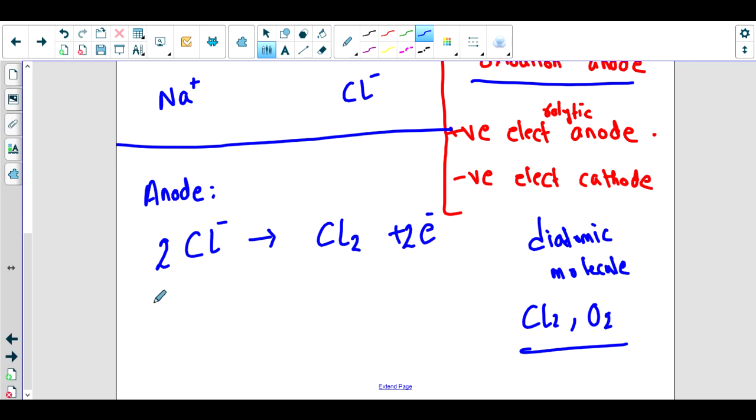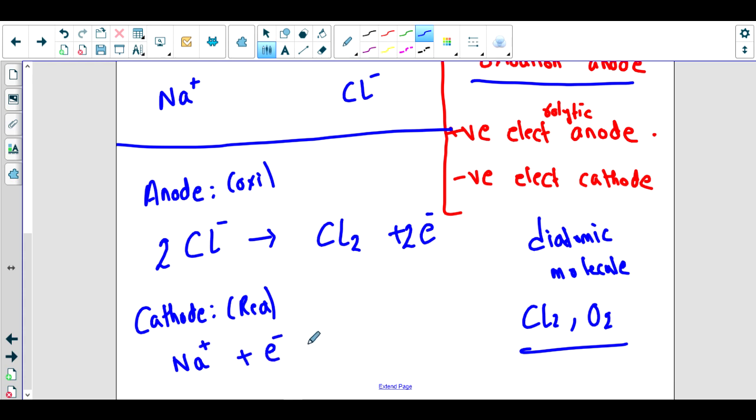Now what happens at cathode? At cathode you have reduction. When it is reduction, it means the sodium ion will gain an electron. Na+ gains an electron and becomes Na.